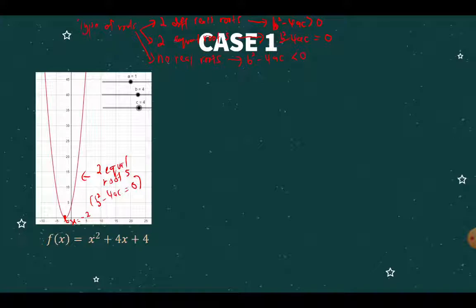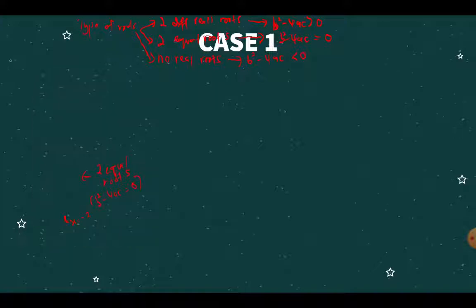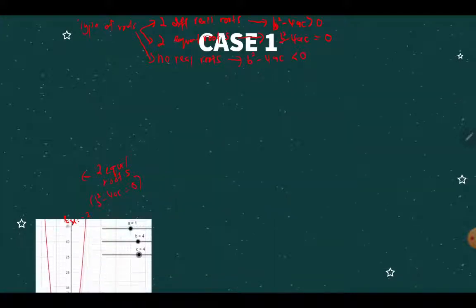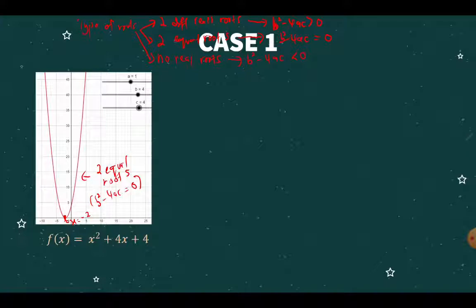Remember, when we talk about x-intercept, it lies on the x-axis, so our y equals 0. In order for us to find the value of x, substitute y equals 0.